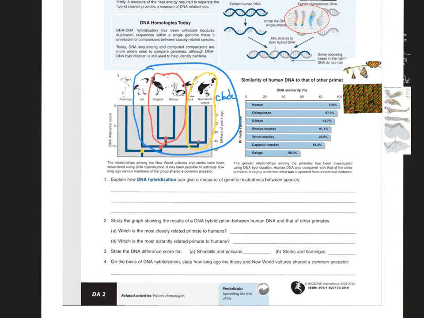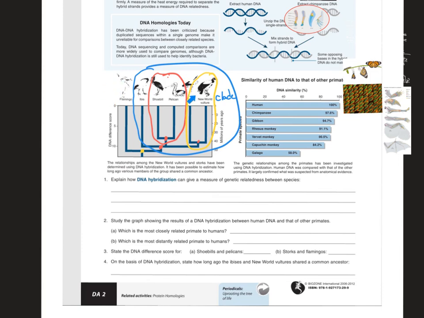For instance, if this New World vulture is endangered and there's some kind of virus that's attacking it, where might you look for some resistance that you might be able to give? Maybe you can genetically modify New World vultures by adding a gene that would make them resistant to a virus, and therefore save the species. Well, where would you look? Would you look in a flamingo?